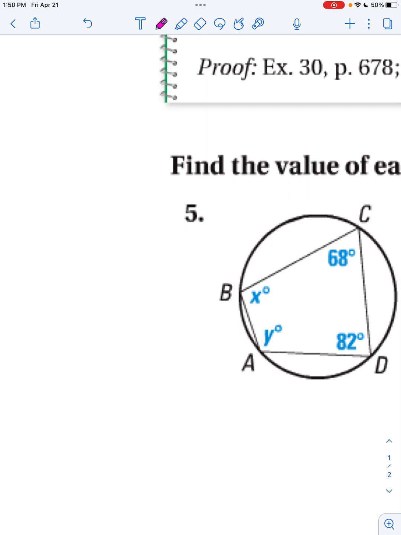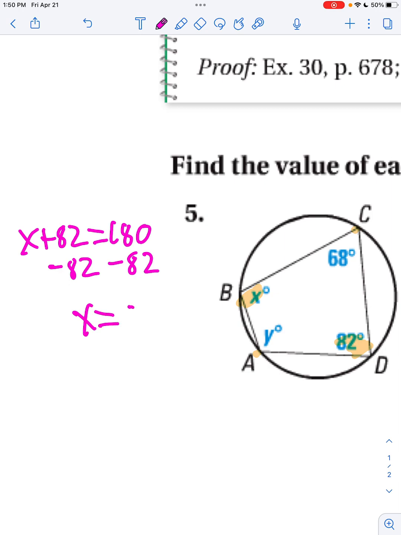First off, I'm going to do X and 82. Because they share the endpoints, that's why they are related, or why we can do this. So X plus 82 equals 180. I'm going to subtract and get X equal to 98.